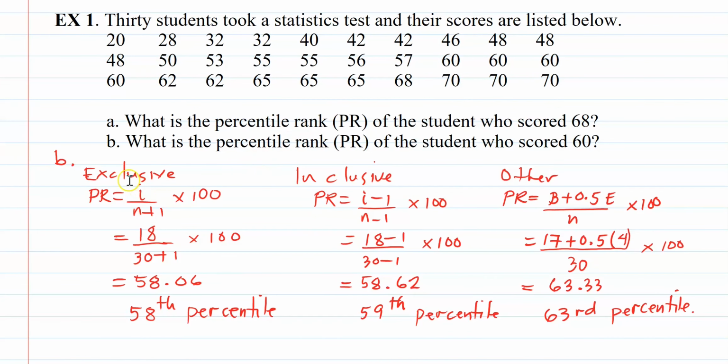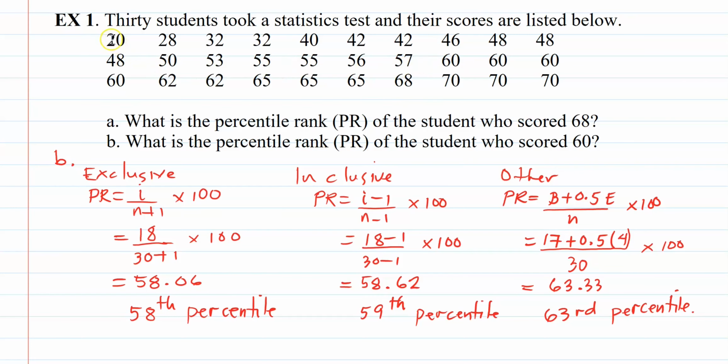Now for question B, we are asked to determine the percentile rank of the student who scored 60. Using the exclusive method, our formula is PR equals I over n plus 1 times 100. For the score of 60, our I corresponds to the position where the score 60 first appears on the list.